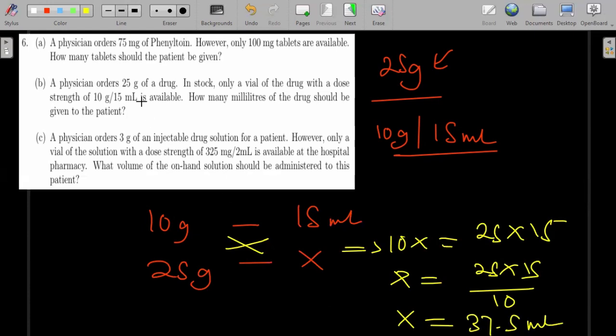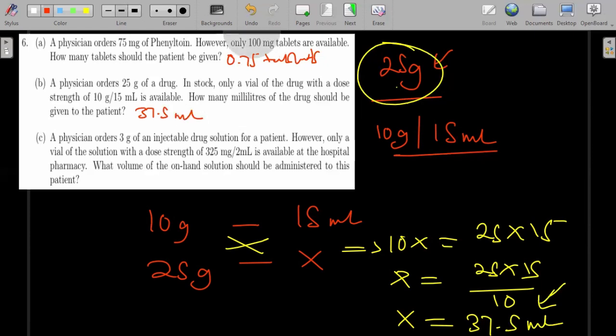So if I have a drug of that mass, 25 grams, then I should give the patient 37.5 milliliters of the solution to go with this drug. Here we are done. Remember, in the first part we found 0.75 tablets and I showed you a picture. Here, the volume we found is 37.5 milliliters.